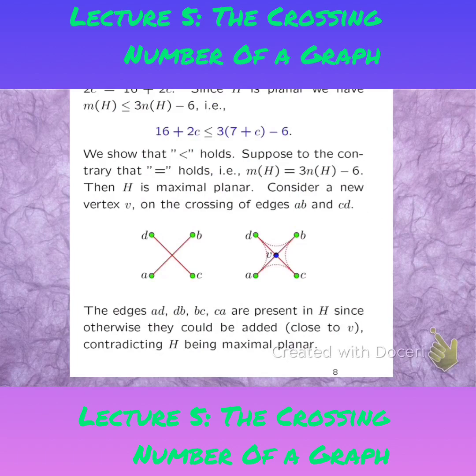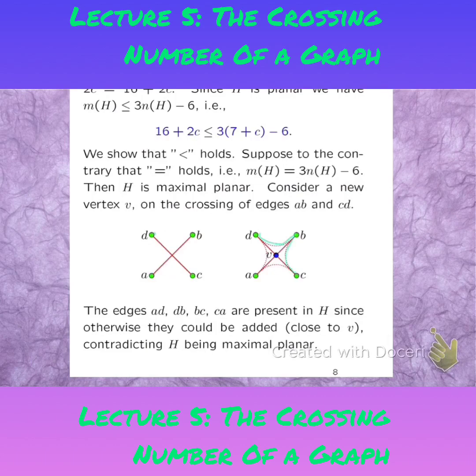Now basically, if we just consider one of the vertices we placed at a crossing, we claim that these edges have to exist in the original graph. The reason is, if one of them doesn't exist, then you can add an edge without introducing a new crossing, by just placing the edge as close to V as possible.